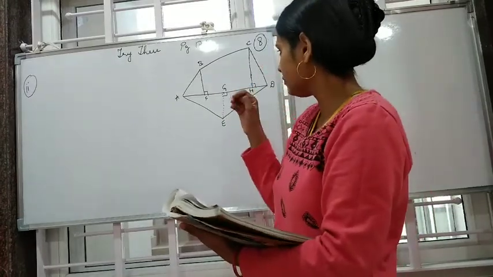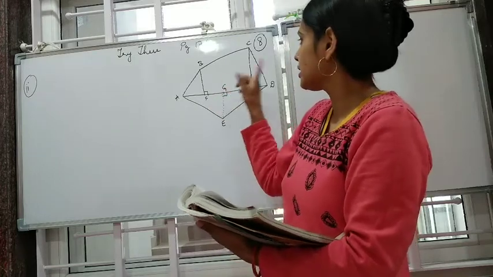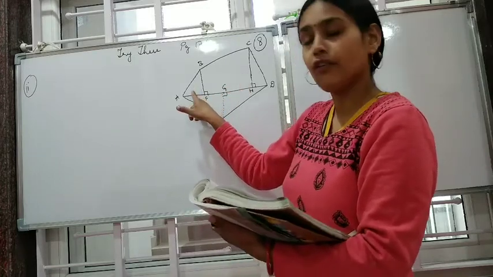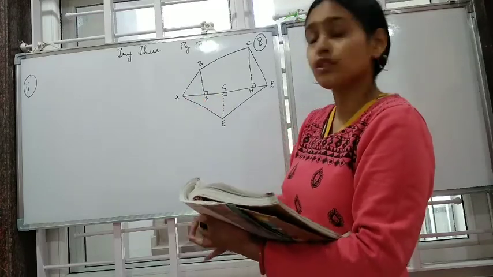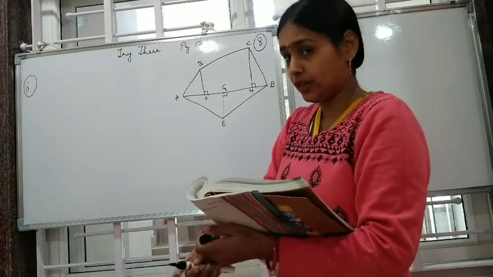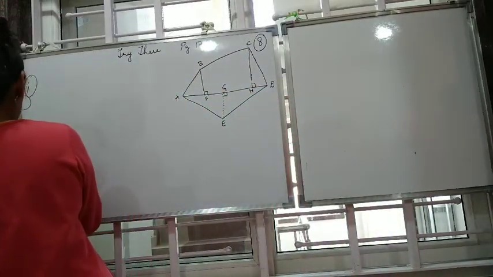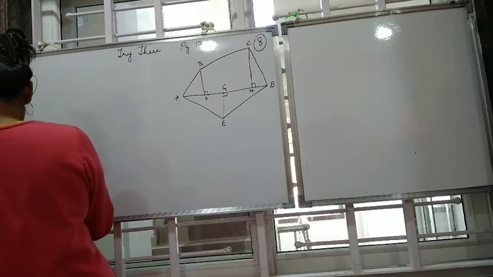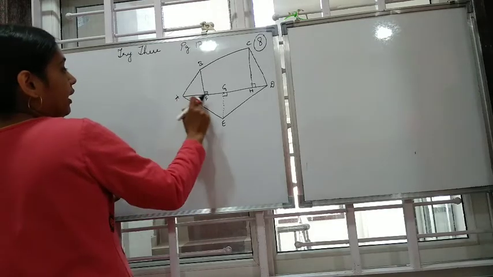Now, the area of polygon ABCD will be equal to the area of this triangle, that is AFB. AFB is already written. We have to complete the rest, so let's start. Area of triangle AFB.